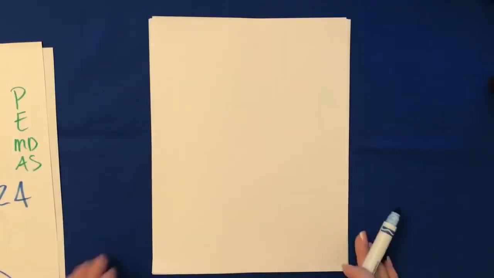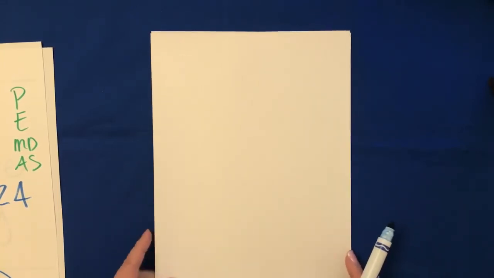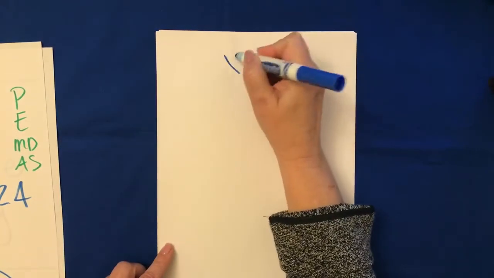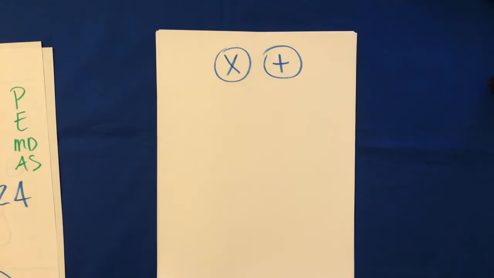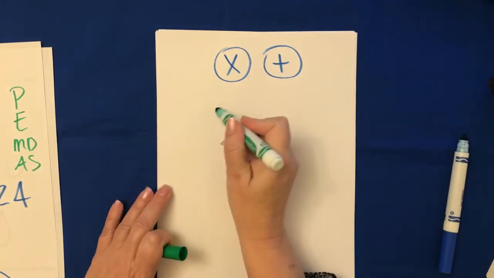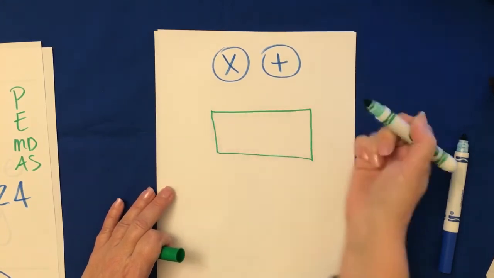Now I'm going to challenge you. I want you to try to use these two operations, so we're going to take a look at just multiplication and addition. Let's try creating an expression that uses multiplication and addition that will still lead us to 72. So I'm going to set up and just use the area model here.